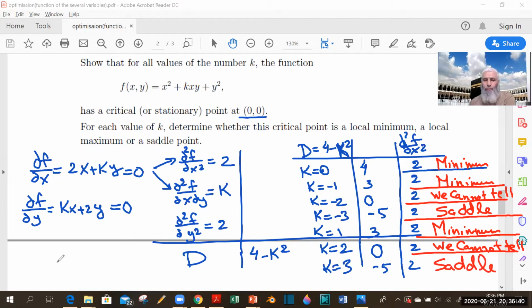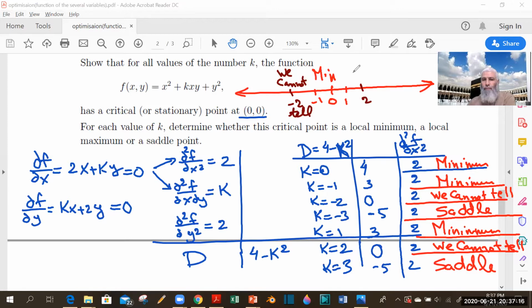So if we draw something like this for k at 0 and 1 and -1, this is minimum, right? And for k equals 2 and -2, unknown, we cannot tell.